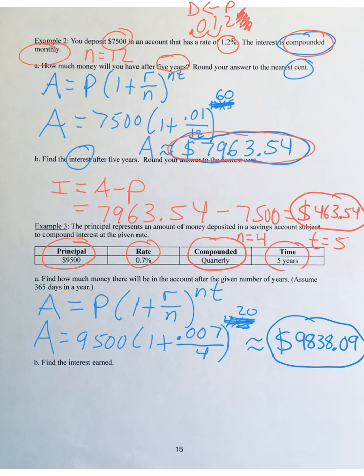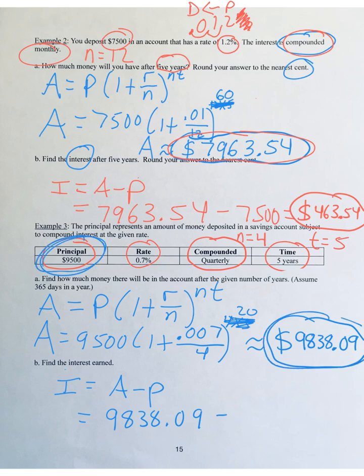Part B, just like with the first two examples, wants the interest earned. So we said interest I is going to be A minus P. So that's going to be that $9,838.09, our answer to part A, minus principal was the $9,500.